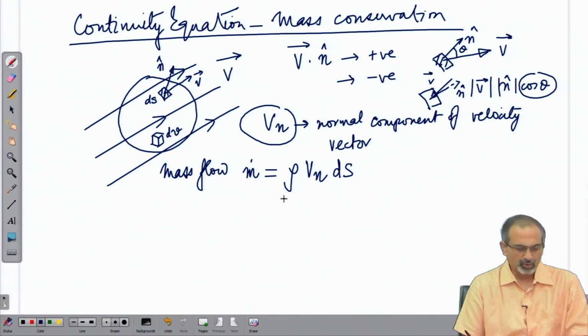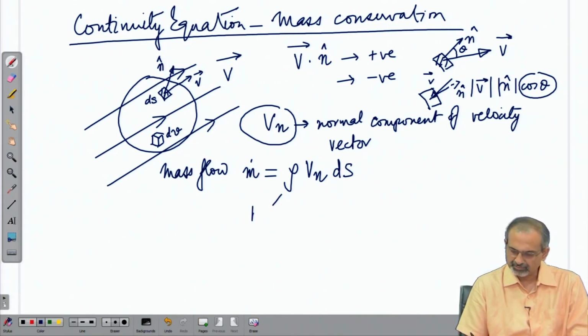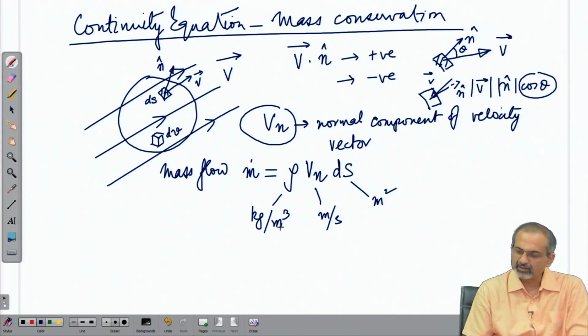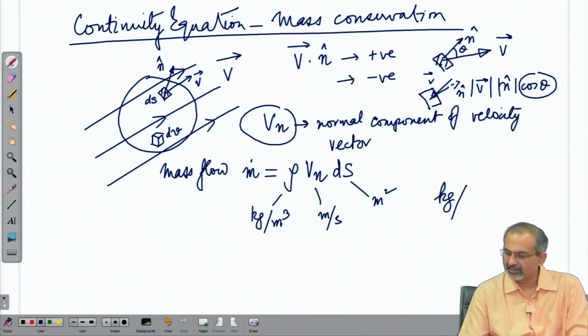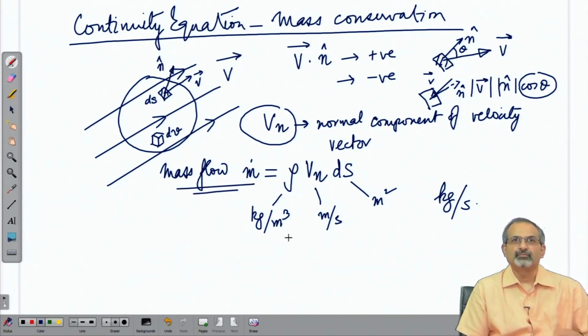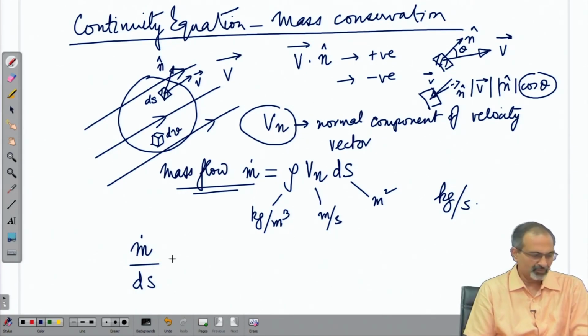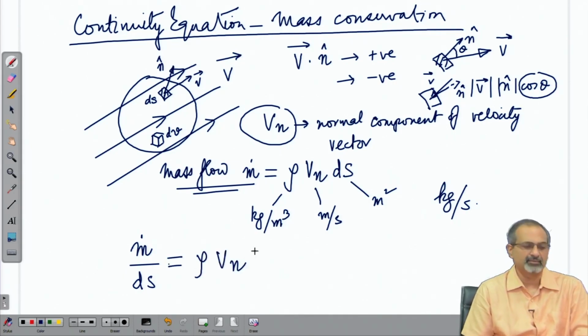Okay. So, if you look at the dimensions of these quantities, the density dimension is kg per meter cubed, the normal component of the velocity will be meters per second, this will be meter square, and therefore, if you multiply them, you get kg per second. So, this is the time rate of mass flow. A related parameter is m dot by d s, which gives you rho V n, and what is that?